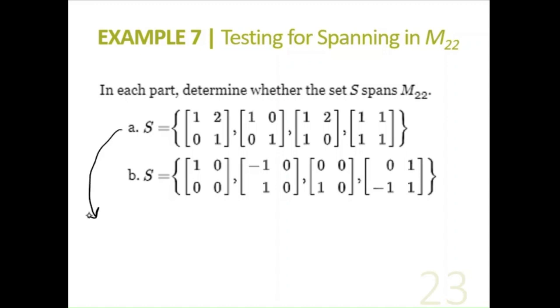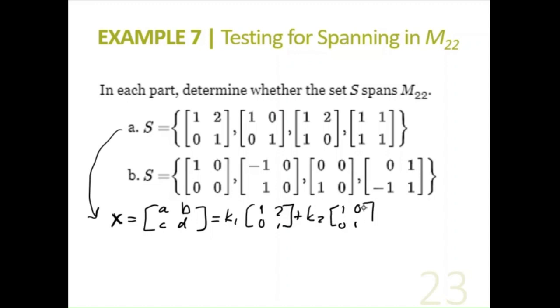If we look at A, I'm just going to write the beginning part real quickly. We have our arbitrary vector x, and we're going to put it in a more generic form, something easy like A, B, C, D. We ask ourselves, is this a linear combination of these vectors in set S in part A? So, is it equal to K1 times our first matrix here, 1, 0, 2, 1, plus K2, 1, 0, 0, 1, plus K3, which would be 1, 1, 2, 0, plus K4, 1, 1, 1, 1?